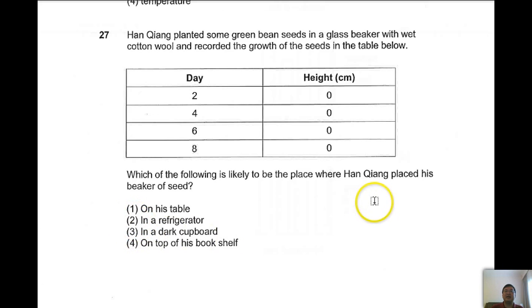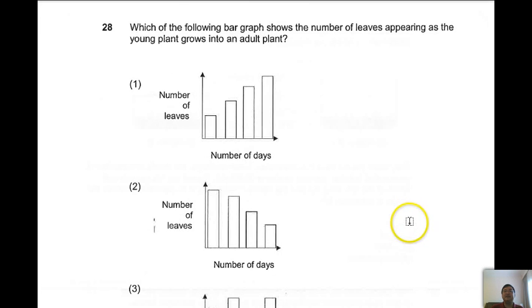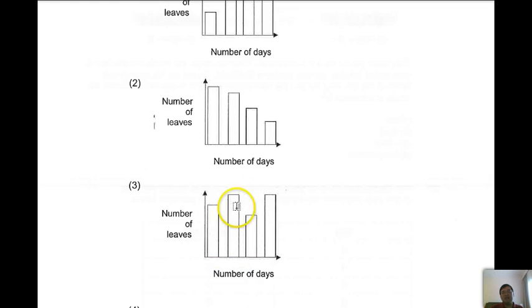Next, 28. On this graph, which of the following bar graphs shows the number of leaves appearing as the young plant grows? The number of leaves appearing as the number of days go by should be more, it shouldn't be less. A bit here is possible, but in a natural form it should be more, not halfway through somebody plucked the leaves.